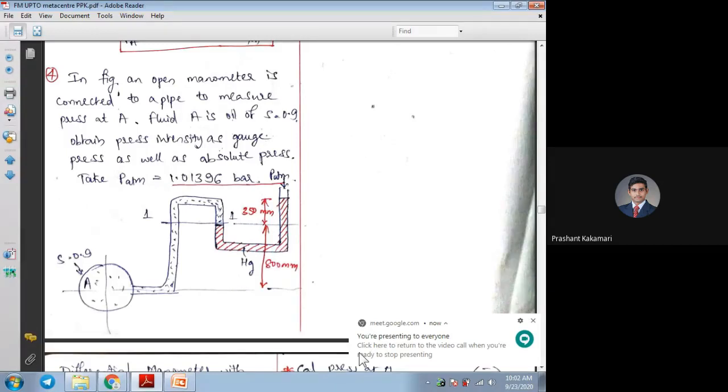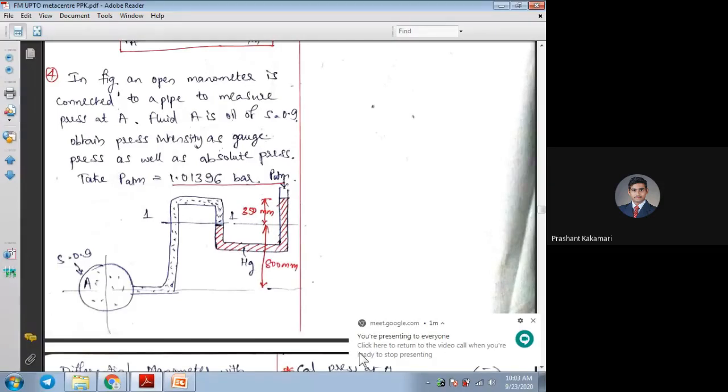At section 1, or datum line 1, either the top side or the bottom side, those two heads and pressures are going to be neglected, because on both sides the head is the same and the liquids are the same. One side is mercury, and on the other side, at datum line 1-1, oil is filled.